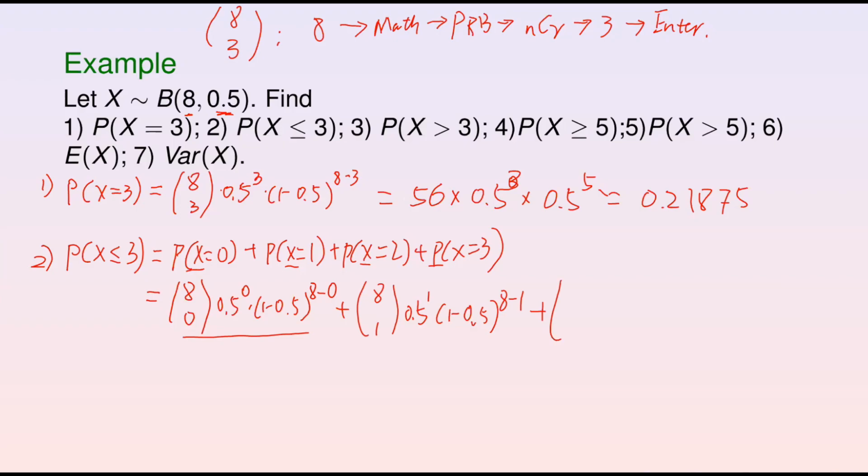All right, so 8 choose 2, 0.5 raised to power 2, 1 minus 0.5 raised to power 8 minus 2, plus 8 choose 3, 0.5 raised to power 3, 1 minus 0.5 raised to power 8 minus 3.